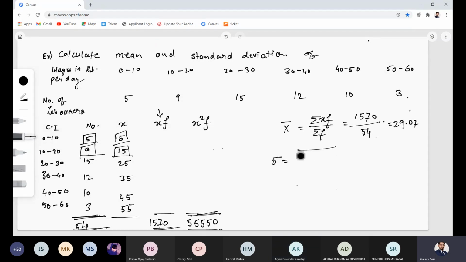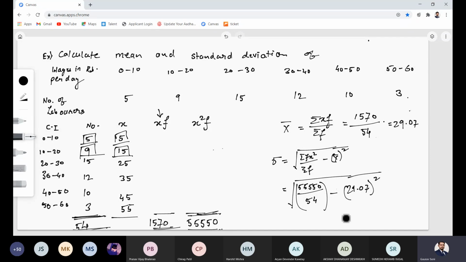Sigma is equal to under root summation f x square upon summation f minus x bar square. So this is under root 55,550 upon 54 minus 29.07 square.